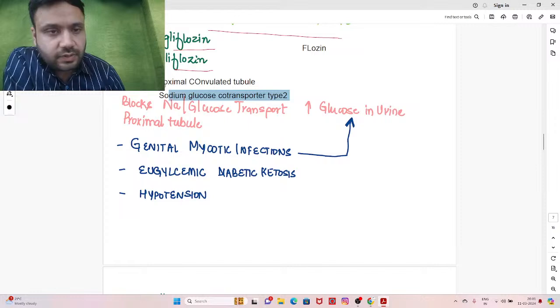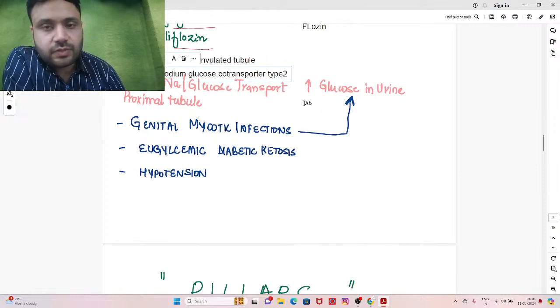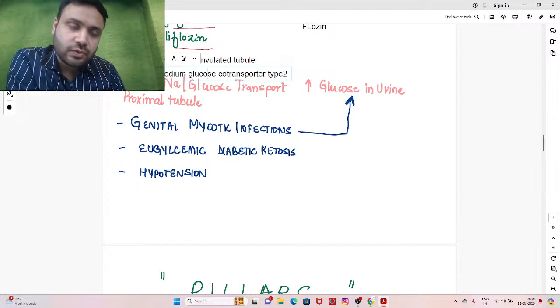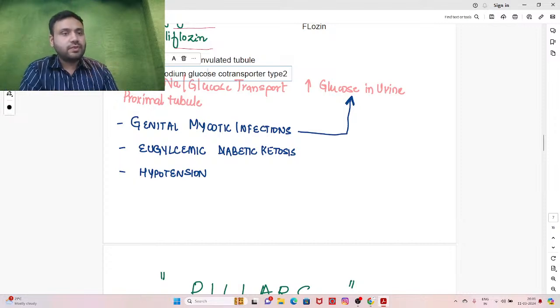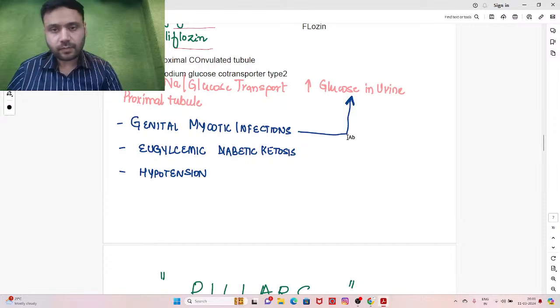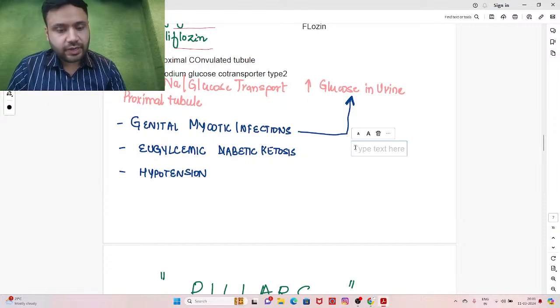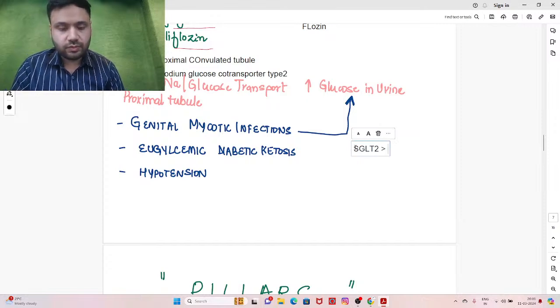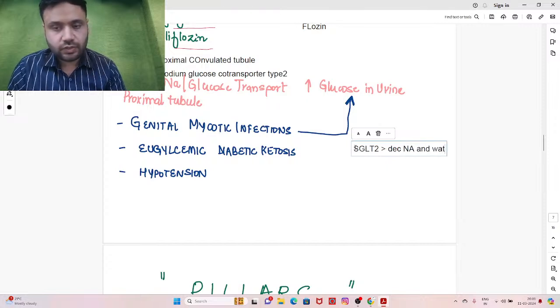And once they block these receptors, because sodium absorption is blocked, it decreases the water absorption also. As all of us know, wherever sodium follows, water also follows, right? So blockage of the SGLT2 receptor leads to decreased sodium and water reabsorption.